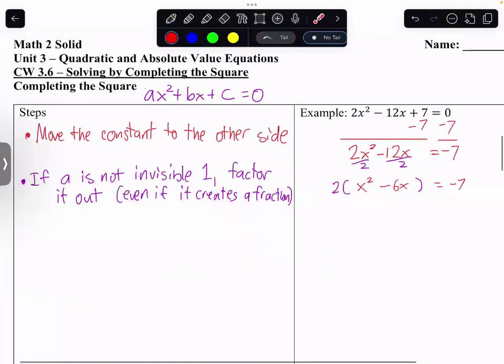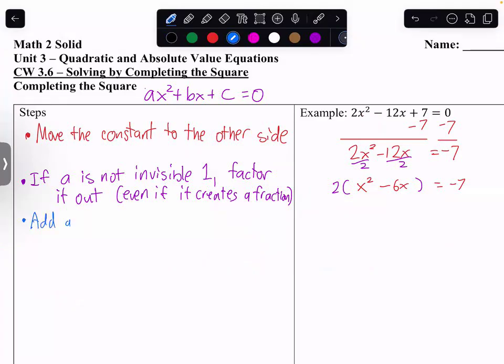Now we're going to make the problem look like what we were doing on the front page. The reason the method is called completing the square is because currently it is not a square.